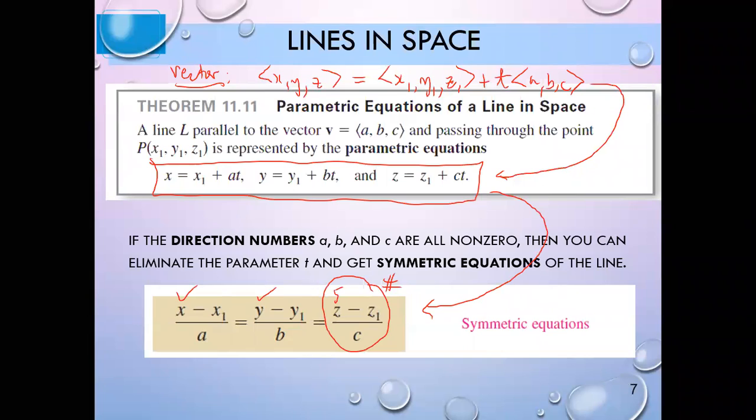Because Y minus Y1 over B would have to be equal to that same number, and so would X minus X1 over A. So you could figure out what X and Y would have to be in response to what you set Z equal to, okay? So that's how this works. What's interesting is it looks like you have one independent variable and two dependent variables. One of the variables is independent, you could let it be whatever you want, and the other two have to respond accordingly, okay?